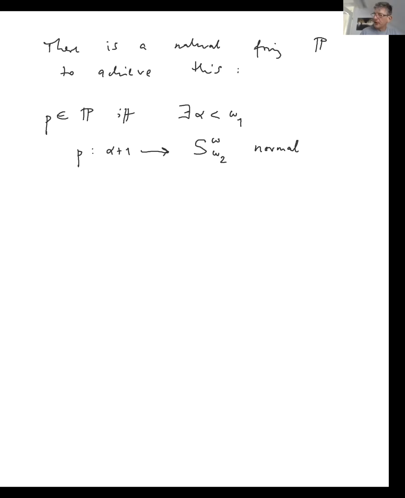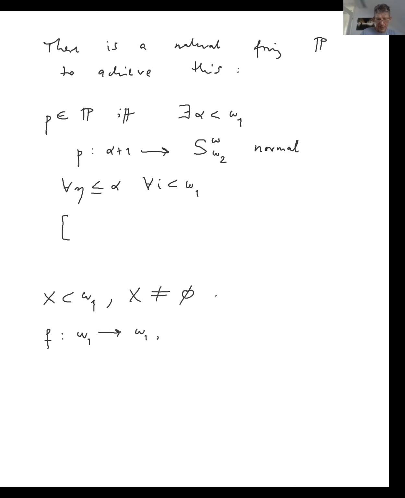Okay, and you want to have that for all eta less than or equal to alpha, and for all i less than omega-1, some equality holds true. And in order to state the equality, I have to go back to our X, which is a subset of omega-1, X non-empty. So what I want to have is an F, which is a map from omega-1 to omega-1, so that X is the range of F.